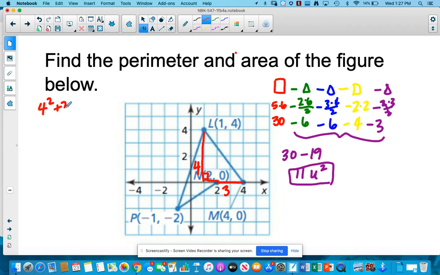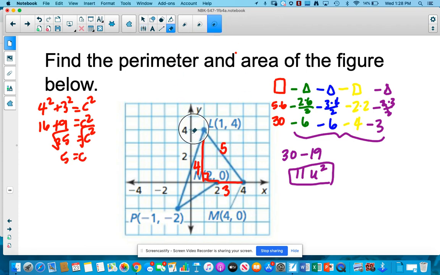So 4 squared plus 3 squared equals my c squared. So 4 squared is 16 plus 9, and I know 16 plus 9 is 25. Hopefully you are seeing a perfect square here. So I know LM is 5. So I'm going to go ahead and erase what I have so far.